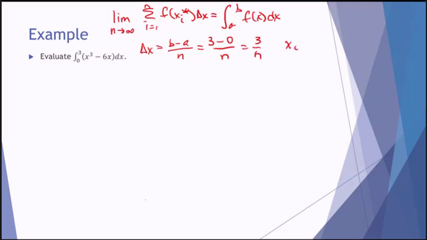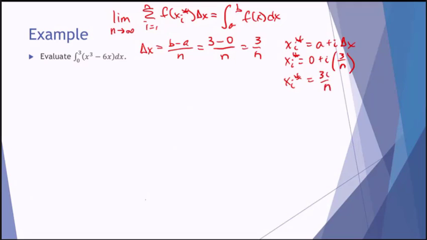And then our x sub i star is our next calculation. So that's a plus i delta x. Our a is 0, and then i times delta x, which is 3 over n. So x sub i star ends up being 3i over n.